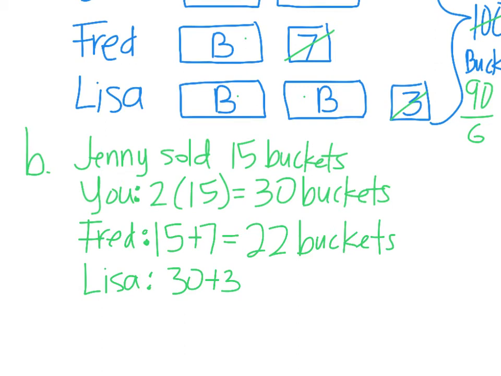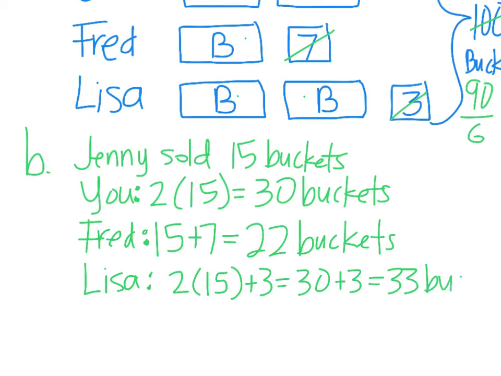Now if you really want to write it out and show all your work, which is a good thing, because then you'll know where everything comes from, then you could write out the 2 times 15 plus 3, which equals the 30 plus 3, which equals 33 buckets. Now the safest thing is to add them all up and make sure that they add up to 100. So the 15 and the 30 gives me 45, plus 22 is 67, plus the 33 is 100 buckets.